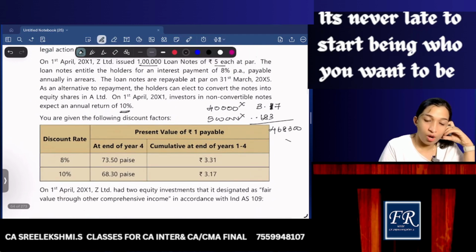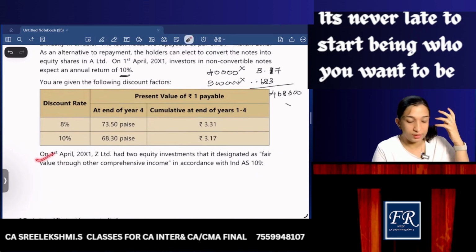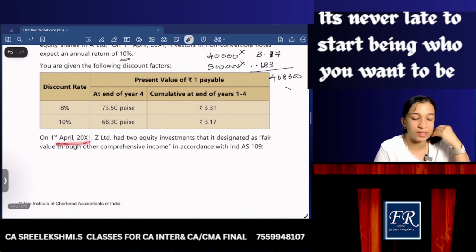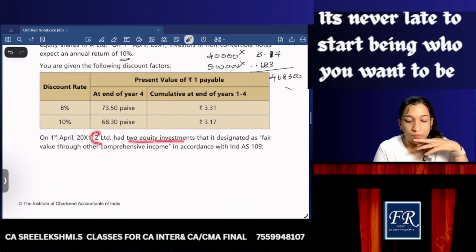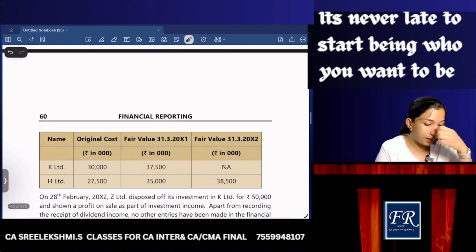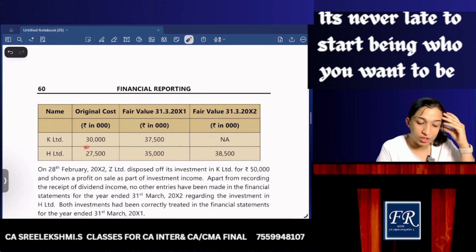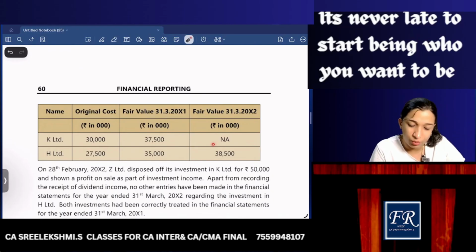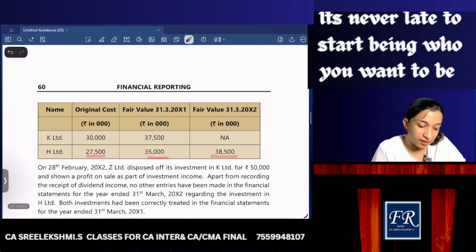Now let's read the next one. On 1st April 2011, Z Limited has 2 equity investments designated as FVTOCI. K Limited: original cost 30,000, fair value 37,500, fair value not applicable. 27,500, 35,000, 38,500.